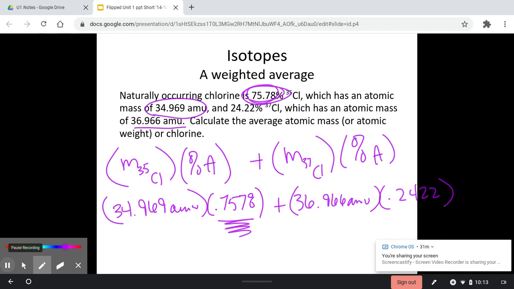And we're going to multiply that by 0.7578. Remember that when you are multiplying, you want to take this out of a percent form and put it into a decimal form. And then chlorine 37 has an atomic mass of 36.966 AMU, and we're going to multiply that by 0.2422. Okay, go get your calculator, see if you get the same answer I get.